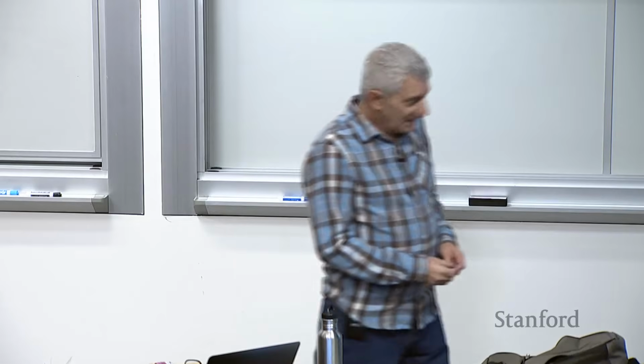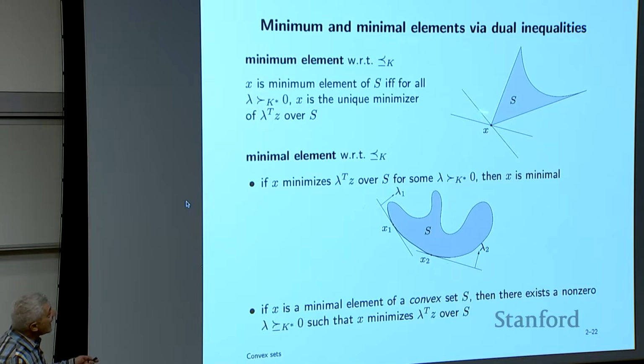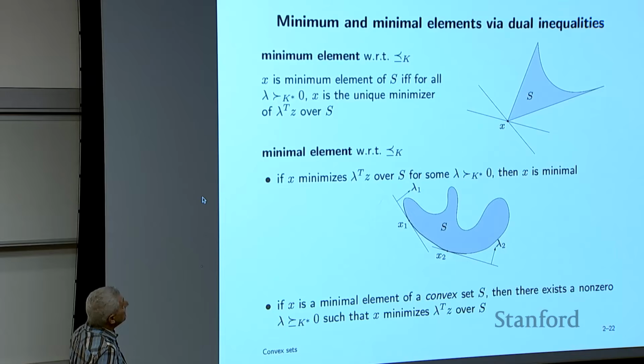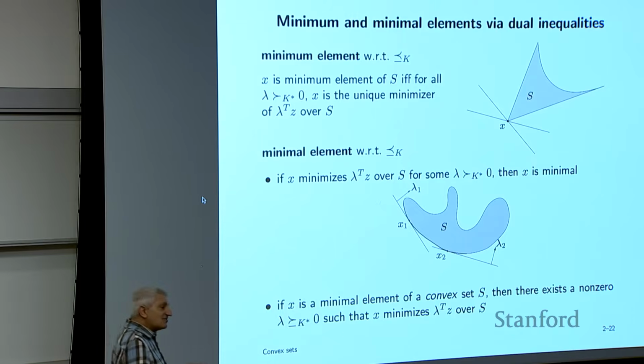So if a set S has a minimum point, in this case it's X, then it's a minimum element if and only if, whenever you minimize lambda transpose Z over S, for any lambda in the dual cone, you get X. It says X is the unique minimizer of this, right?